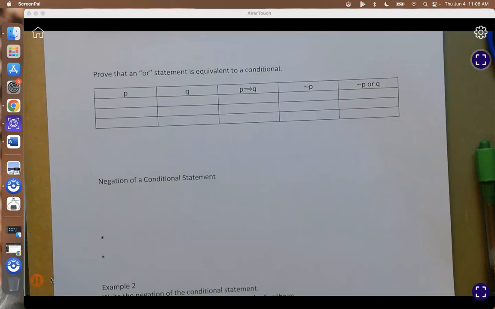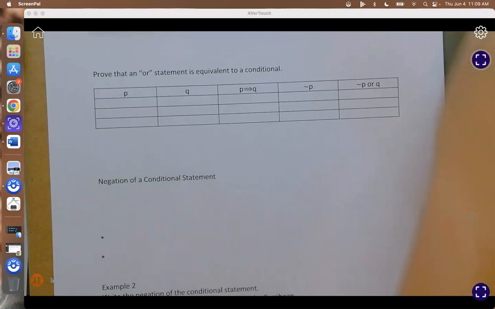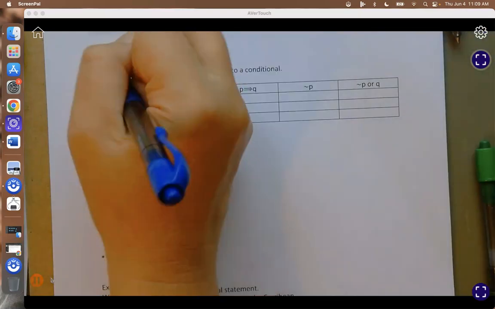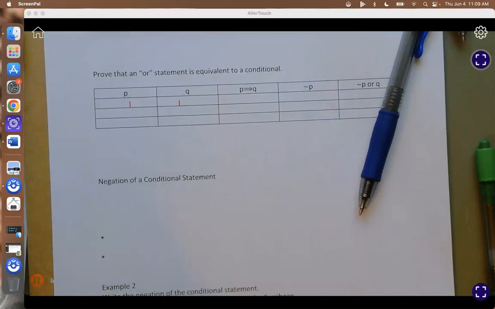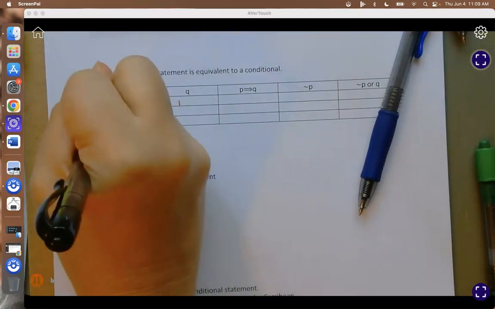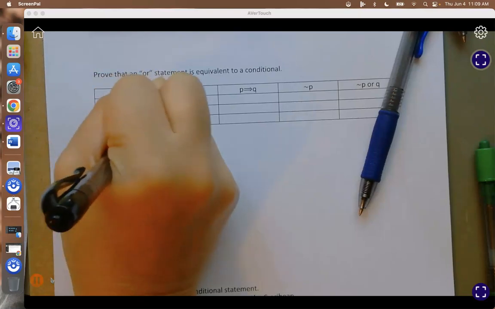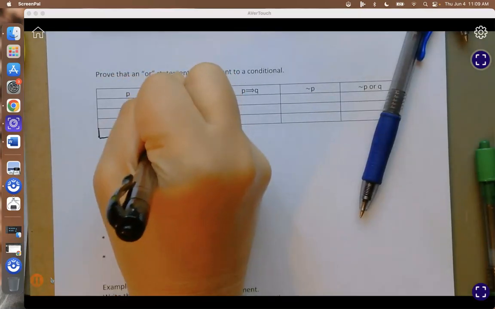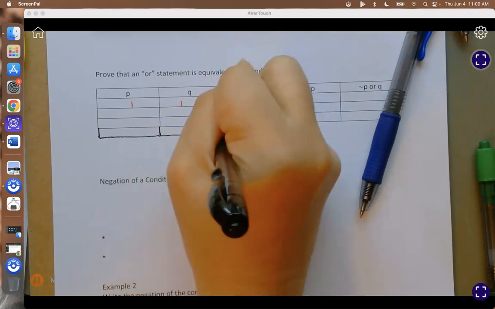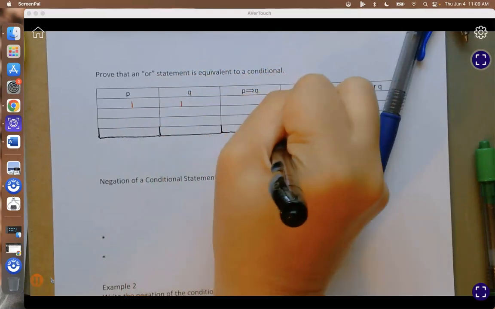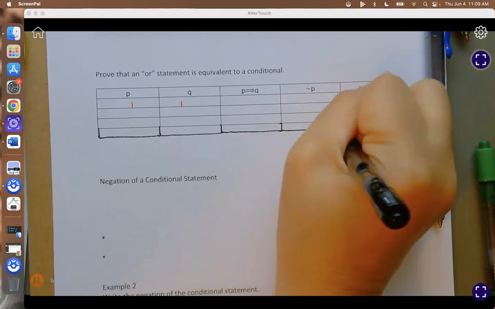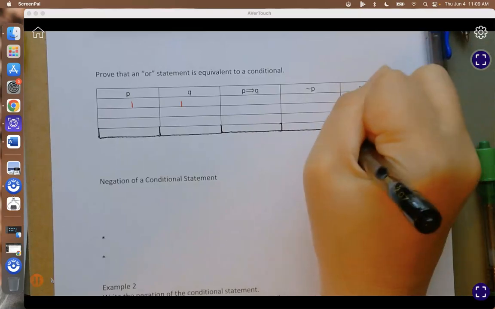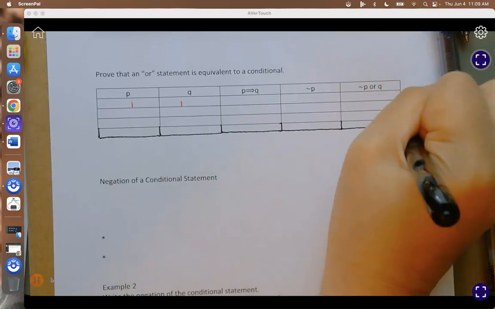All right. Now we need to look at this one. Now we're going to do this. So let's do both on. Well, first I have to make my box. Okay.